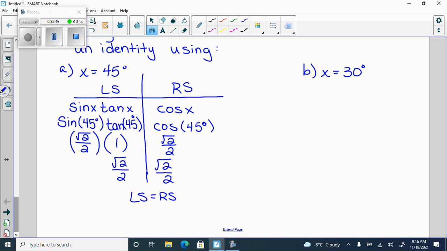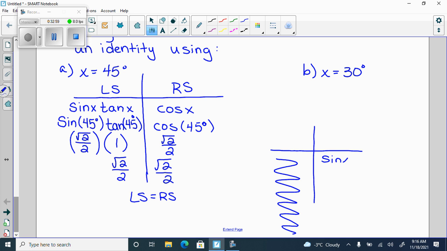So you always have to have a right and a left. Sometimes a proof might be a t-chart like this, with a whole bunch of steps down here, and this will be sine x. And then down here you'll have sine x, and they'll match, and you'll go left side equals right side. So if you go with the t-chart, you won't have to write both sides down the whole time.